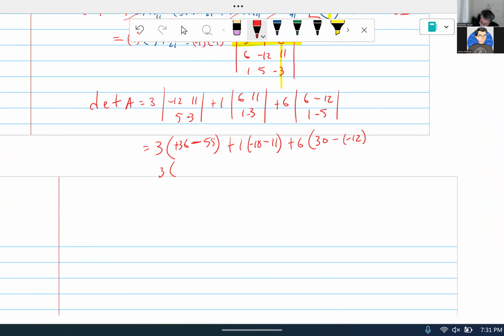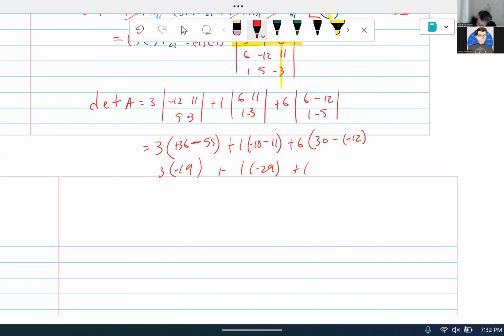So 3 times positive 36 and 57, that's negative 19, I want to say. Plus this is going to be negative 29. And then this is going to be 30, 30 minus negative 12.